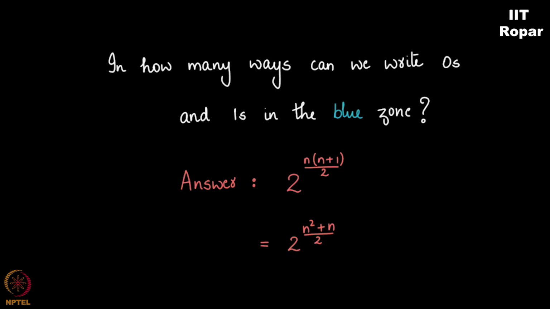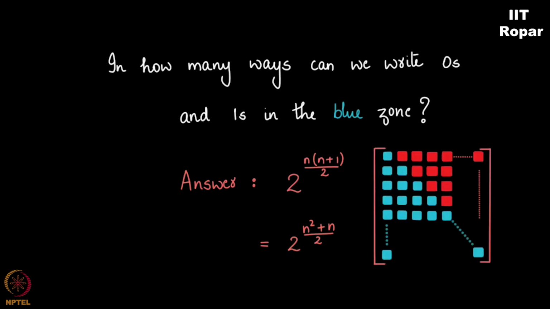Now why is it 2 to the power of? Because you can take only a part of this blue zone and call it all ones, rest are zeros. It again boils down to you considering a subset of these blue squares. You can consider the subset of these blue squares in 2 to the power of (n square plus n) by 2 ways.